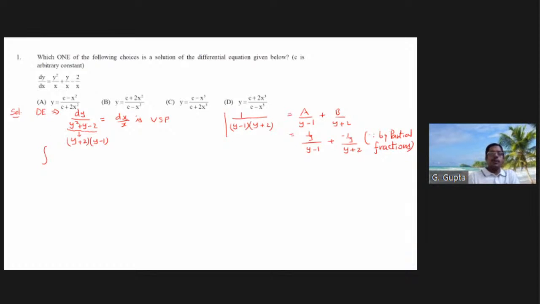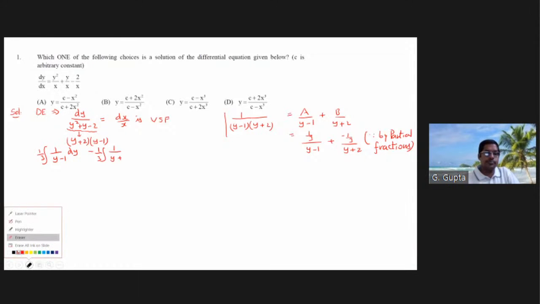So 1 by 3 take out 1 by y minus 1 dy minus 1 by 3, 1 by y plus 2 dy is equal to 1 by x dx.